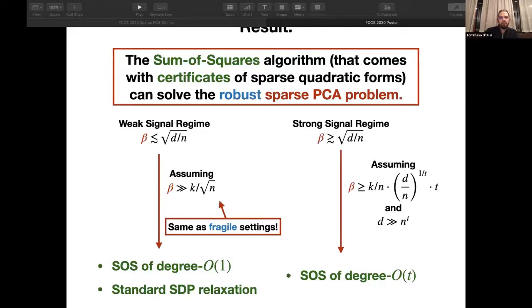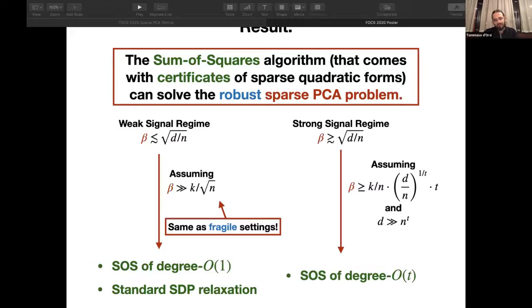In the strong signal regime, things are different. The algorithms require a higher degree of the sum of squares hierarchy. So in some sense, we require algorithms that are computationally more expensive, and the bounds that we get are not as good as before.